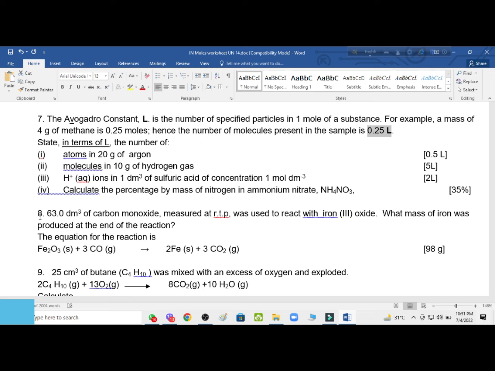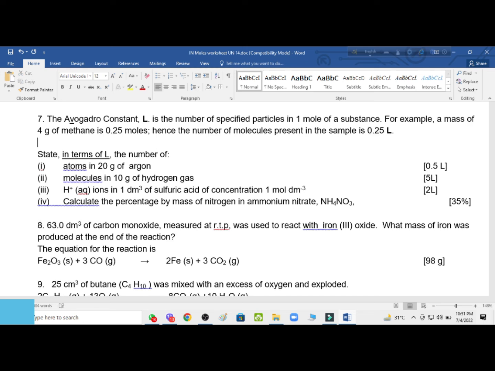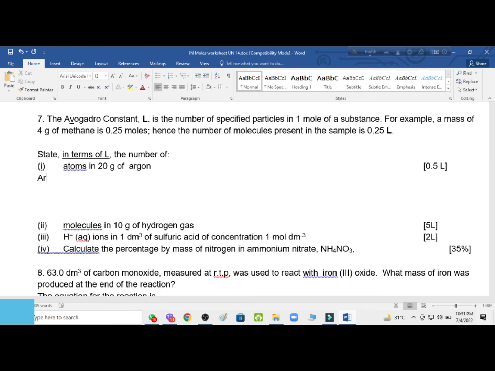Suppose this is the Avogadro number. Now state in terms of L. So calculate similarly with L, not with the real Avogadro number. Consider this L. This is argon. So what is the mass given here? 20. We cannot convert mass into atoms or number of particles directly, right? We actually need mole.